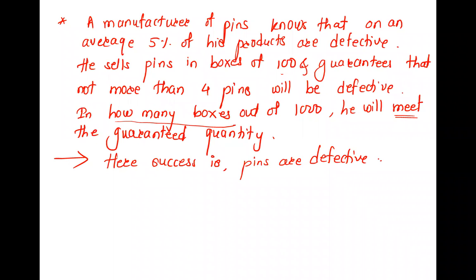That can also be the success. You tell me now. But in general, meeting the guaranteed quantity is related to the pins, and pins are defective is the success, right? So what is P?